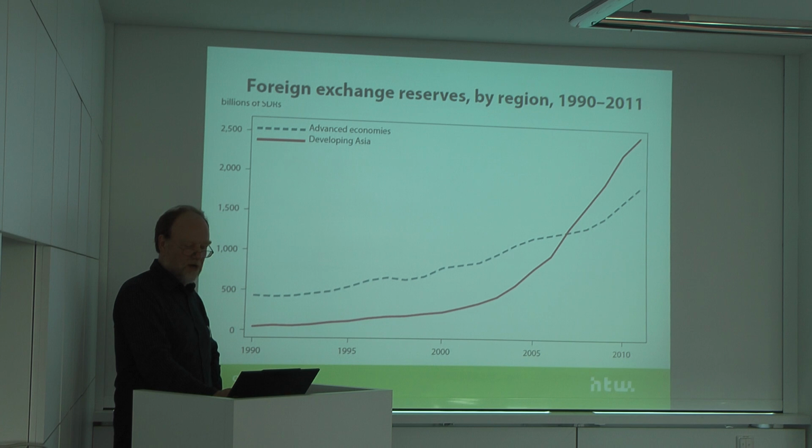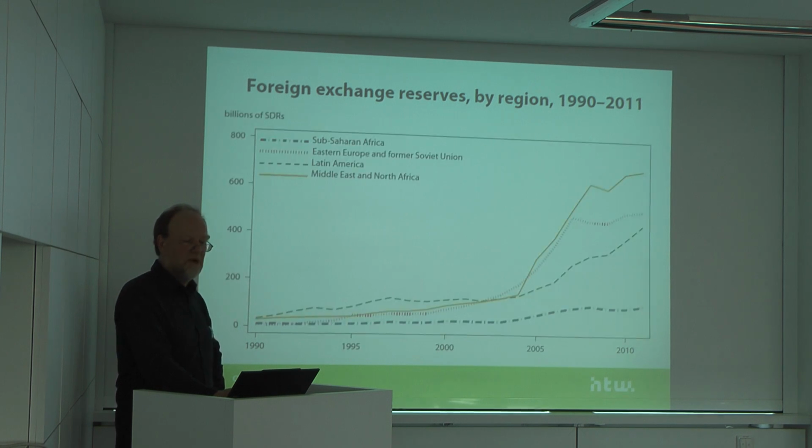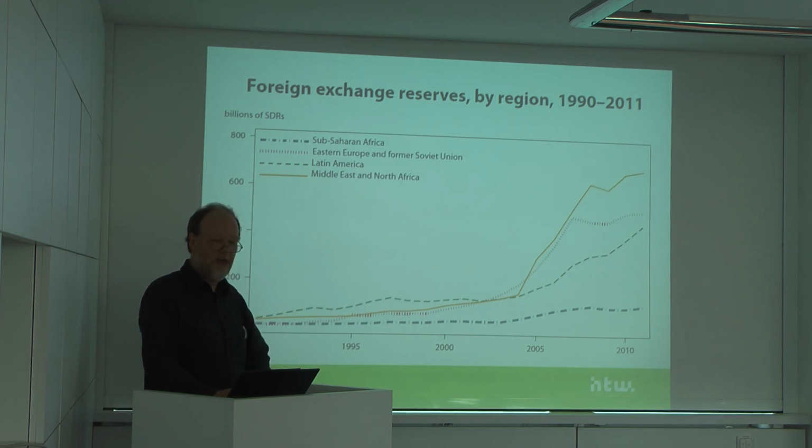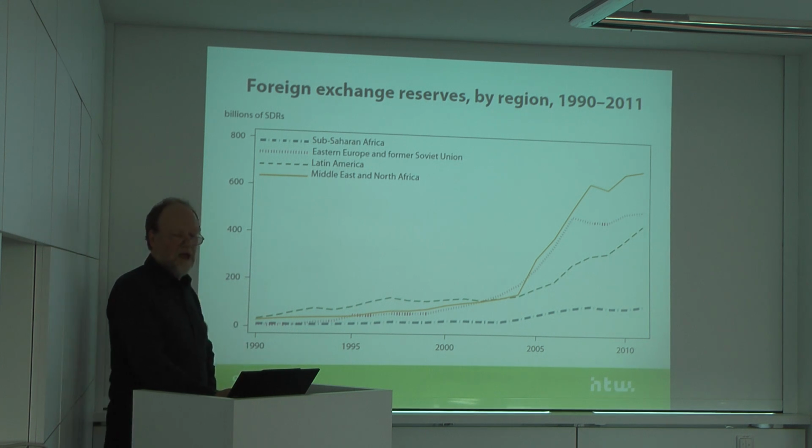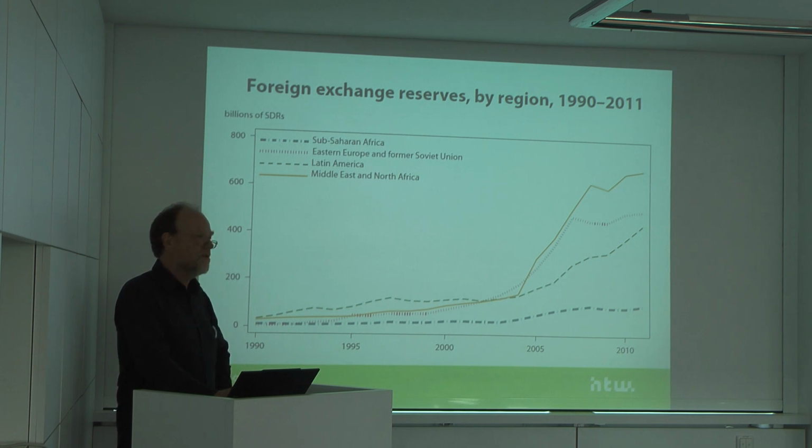especially strong in the Asian world. In some countries in the Middle East and North Africa, reserves increased enormously. In Eastern Europe in a certain period, and reserves also, even if less, increased in Latin America.